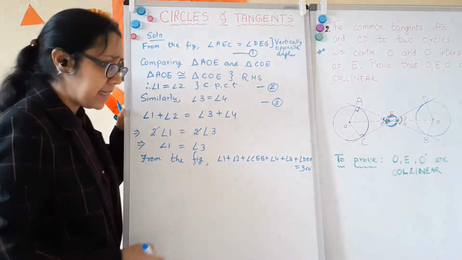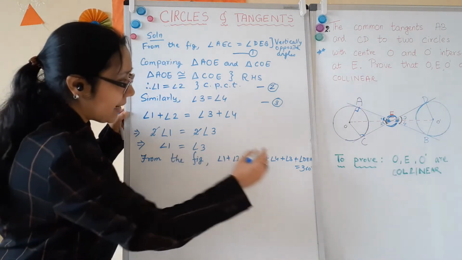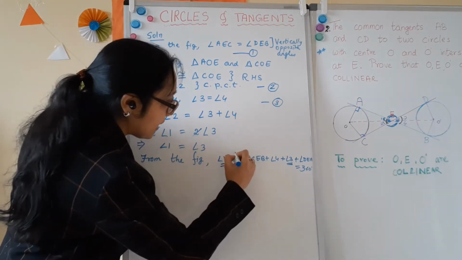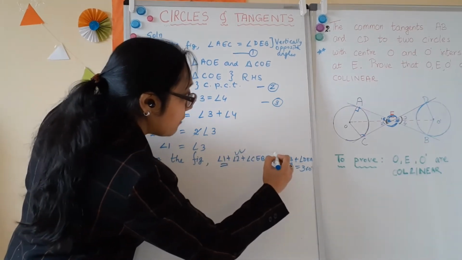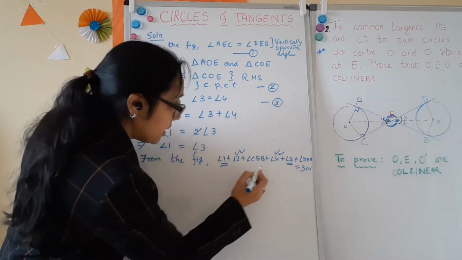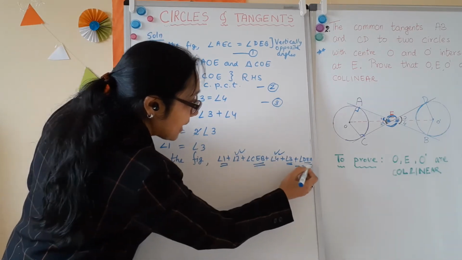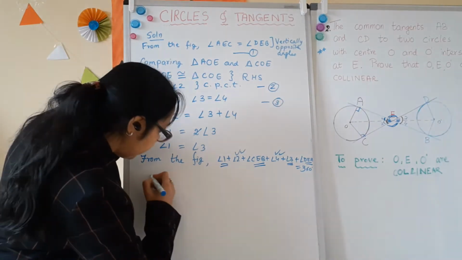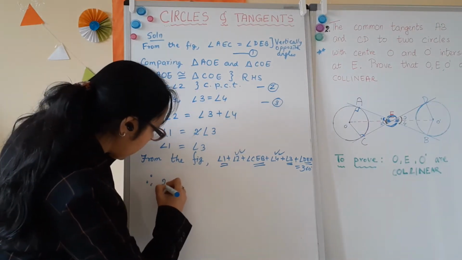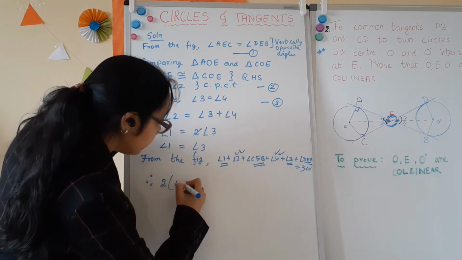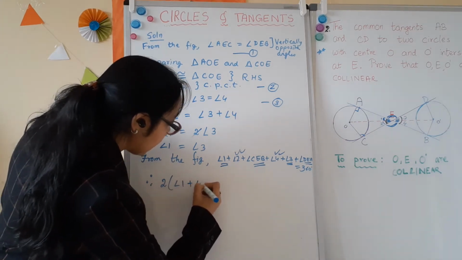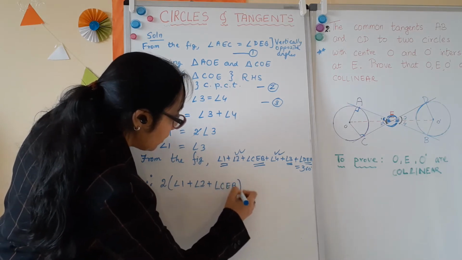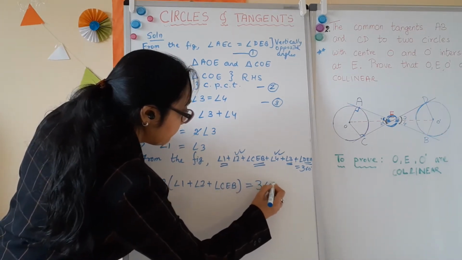It is 360 degrees. Now we know that angle 1 and angle 3 are equal. Similarly, angle 2 and angle 4 are equal. And these angles are vertically opposite angles. So we can write, therefore, twice of angle 1 plus angle 2 plus angle CEB will be equal to 360 degrees.